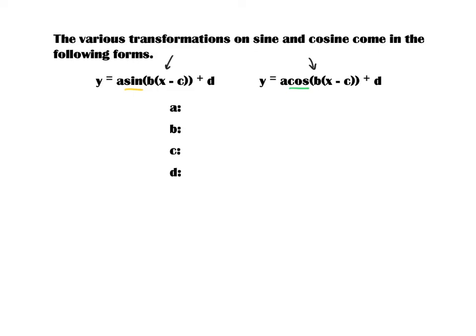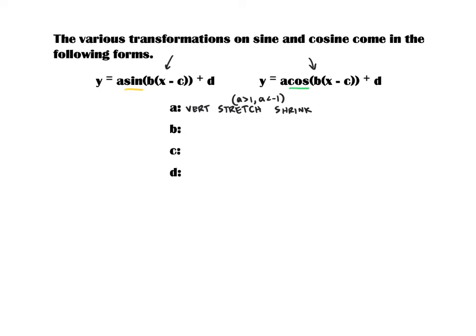Now, what do each of these values do? Well, A represents a number of things, one of which is the vertical stretch or shrink. Okay, now the vertical stretch takes place if A is greater than 1 or A is less than negative 1.